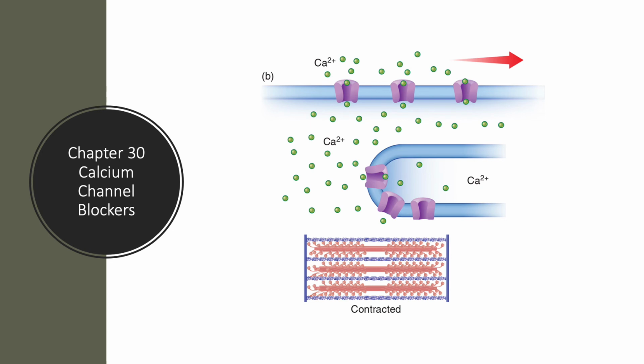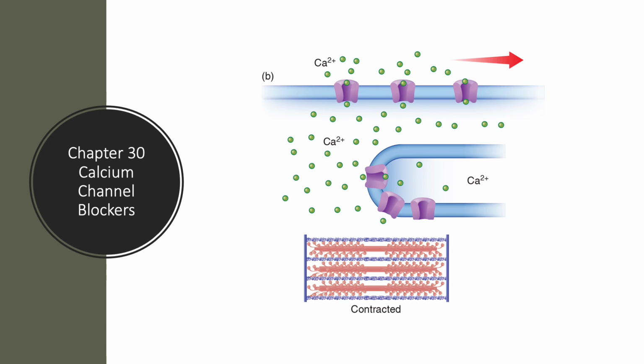So if we block the calcium channels in the arterioles, in the systemic circulation, and when I say systemic circulation, when I'm talking about antihypertensives, it's usually the arterioles. So when we block them, the smooth muscle can't contract, it vasodilates, and you get a reduction in blood pressure. And so that's why they can be used as antihypertensives.